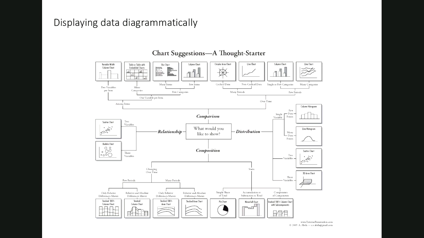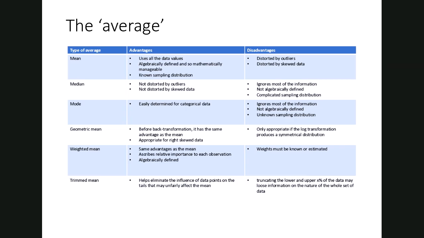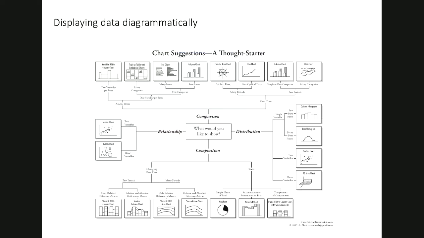Now, the previous slide probably gave you the idea of visualization, so you can keep it for your reference: what kind of visualization for what kind of purpose. This is for exploratory data analysis.